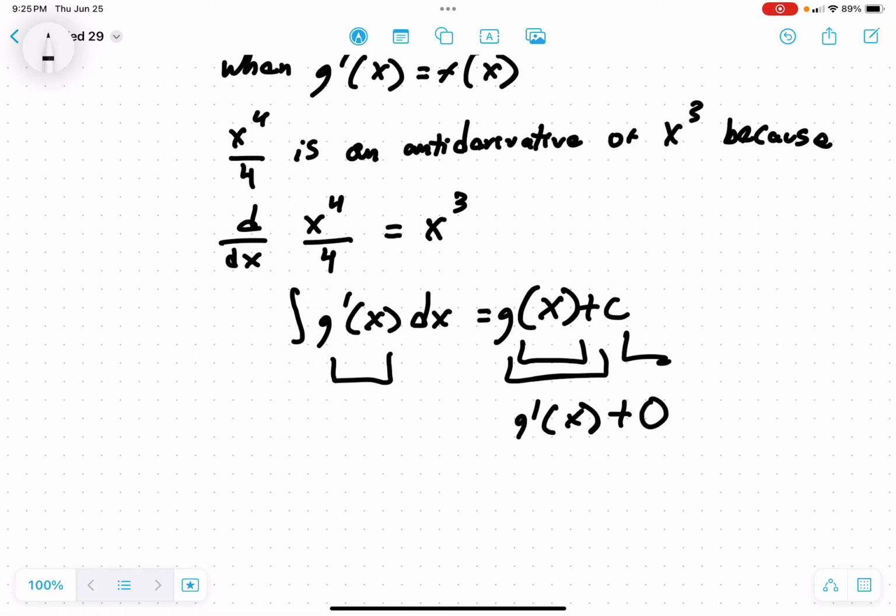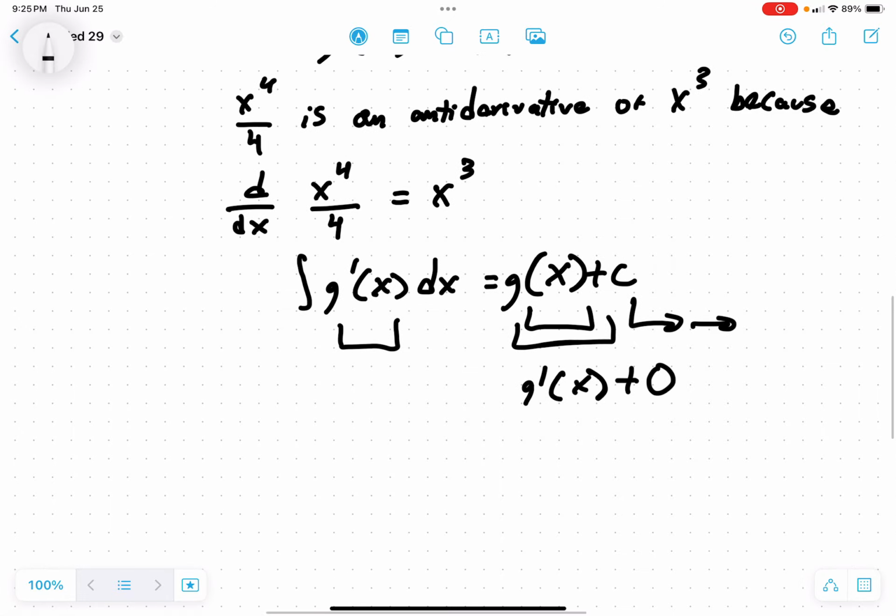So we have to add this c here because we don't know if a constant could be in that integral. C may just be 0, and we'd still get g prime of x, but c could also be 5, and we'd still get g prime of x. So we need to add that c on to let the integral know that there is a possible constant value there that we can have.